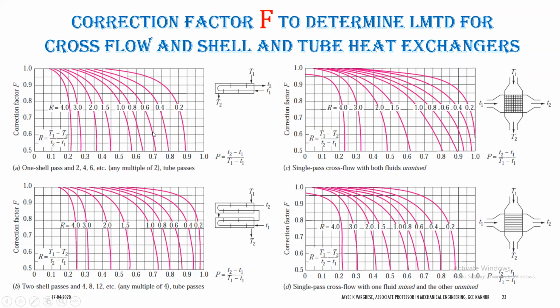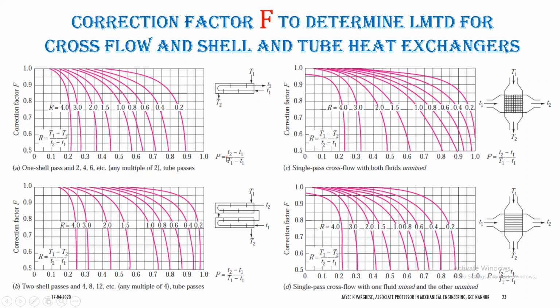Y-axis is for the correction factor and x-axis is for a parameter called P. P is determined by t2 minus t1 divided by T1 minus t1, where small t is used for the tube fluid and capital T for the shell fluid.